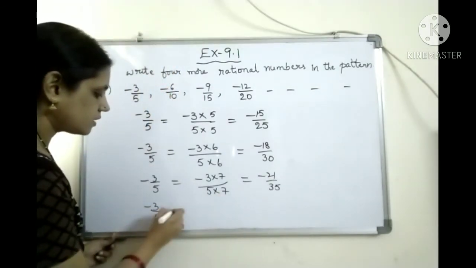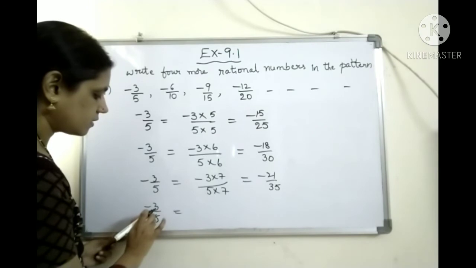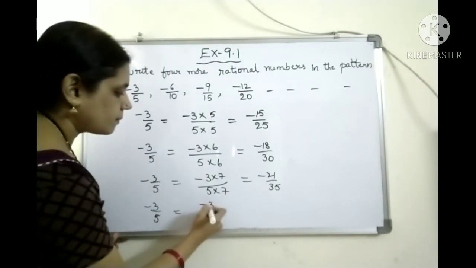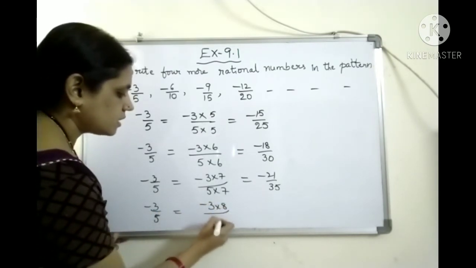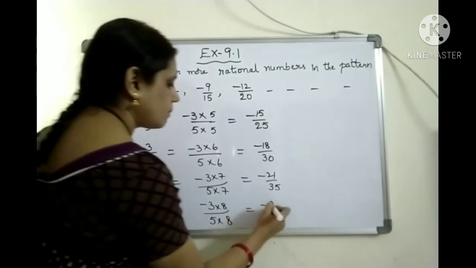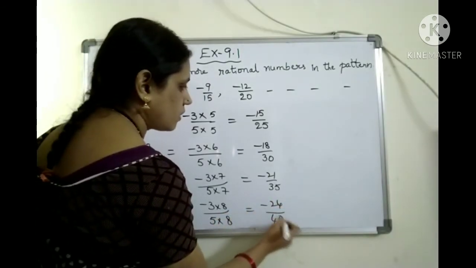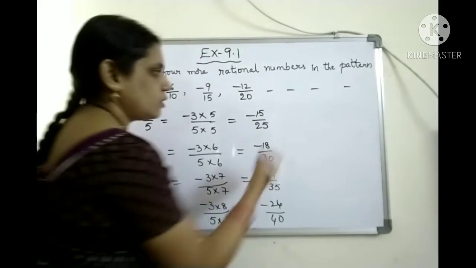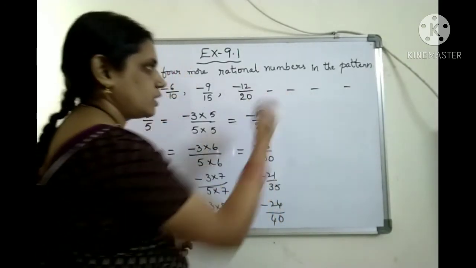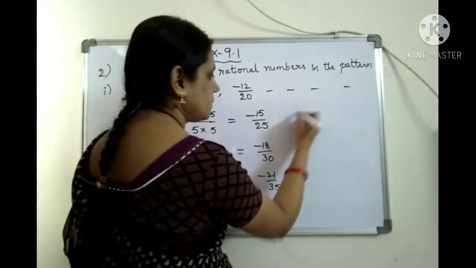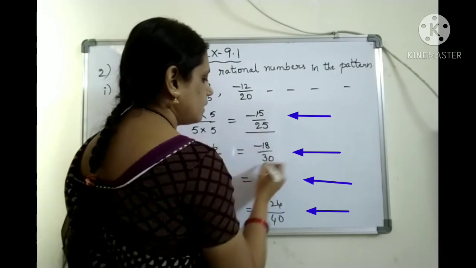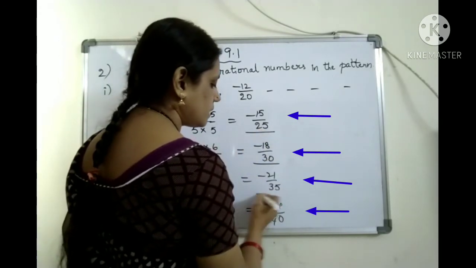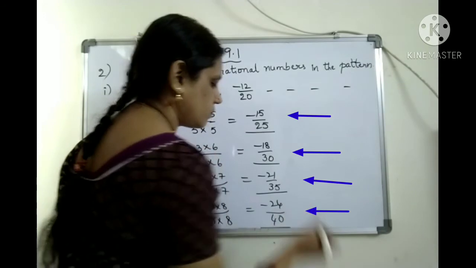Next one, into 8, minus 3 into 8 by 5 into 8, minus 24 by 40. So these are the next 4 rational numbers in this pattern. What are those? Minus 15 by 25, minus 18 by 30, minus 21 by 35, minus 24 by 40.